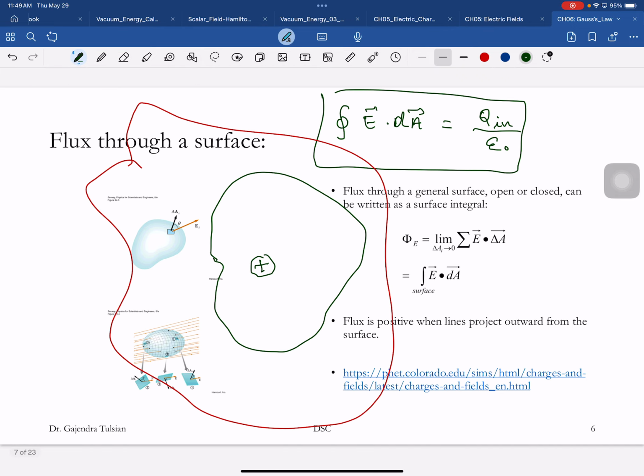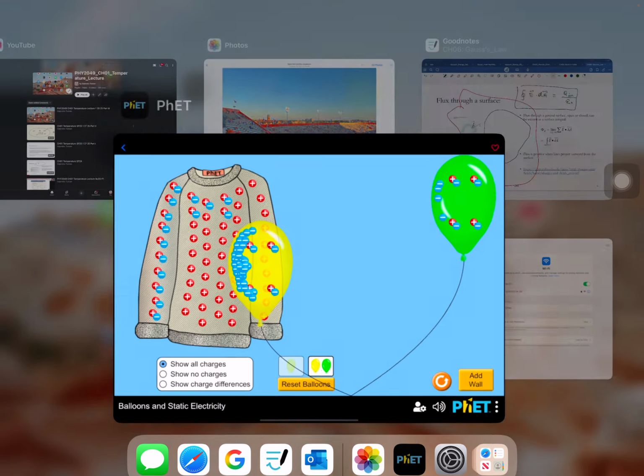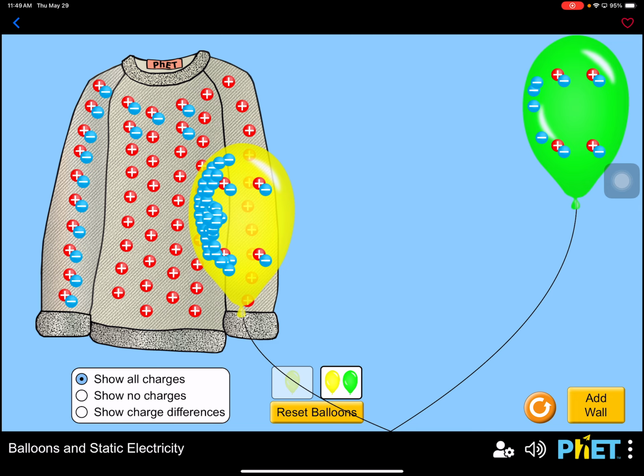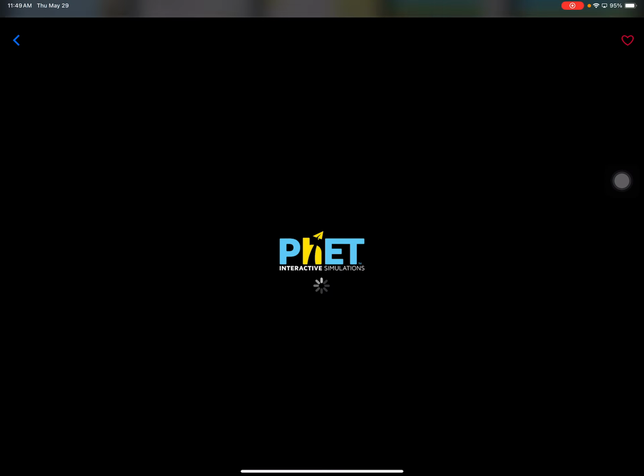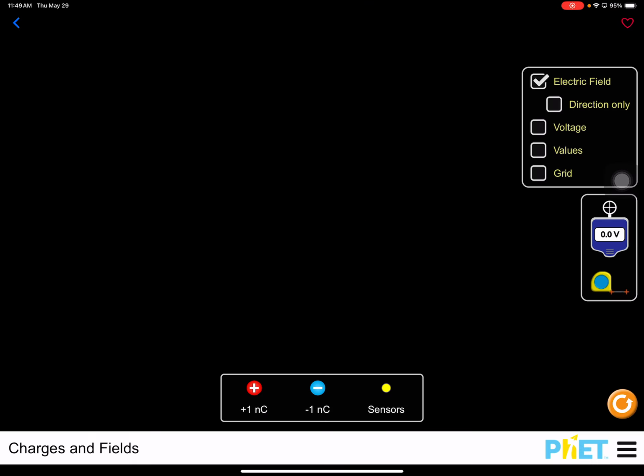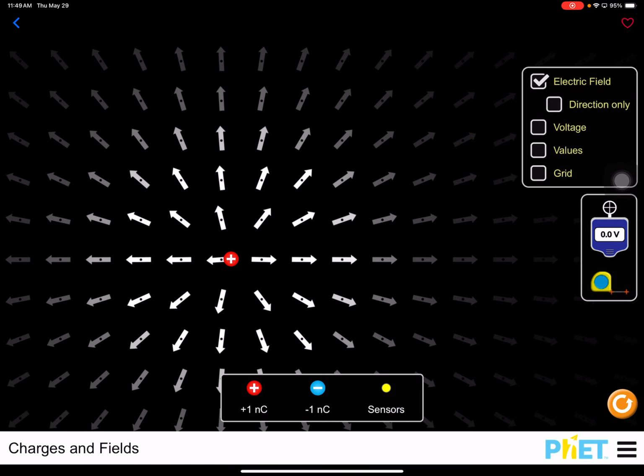I can show you a little. Here is a charge, and it's creating a field in all directions.